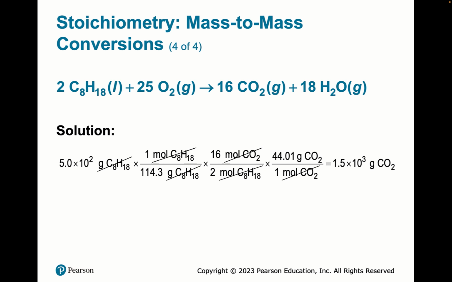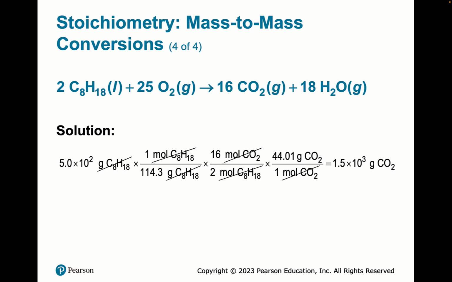Starting with 500 grams of octane and a mole of octane, you can calculate this out as 114.3 grams of octane. You do this by 8 times the atomic mass of carbon plus 18 times the atomic mass of hydrogen, and then the molar ratio. When I do this, I would just go ahead and drop it down to 8 to 1, but if you want to do the 16 to 2, that's fine too.